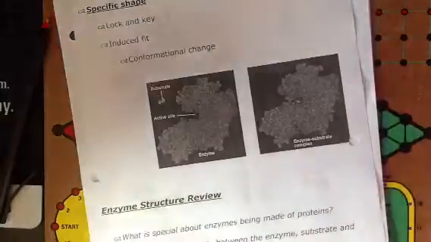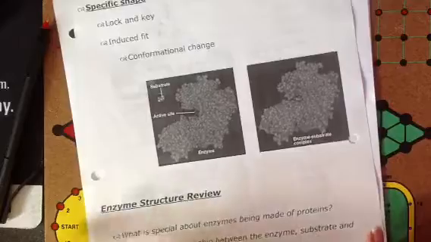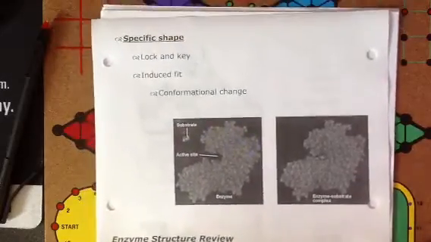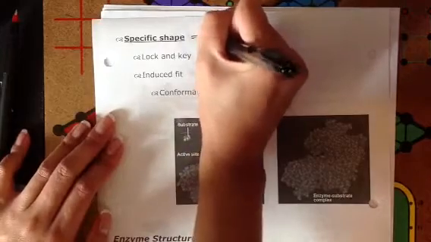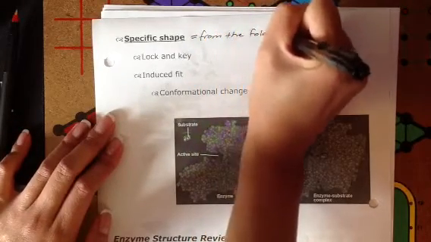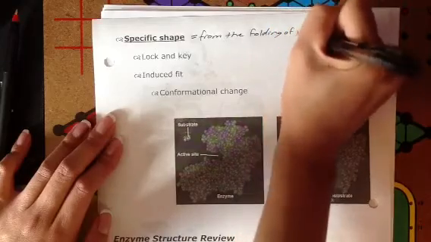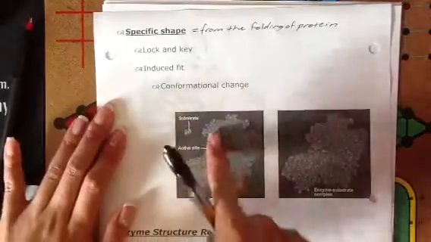Now, today we are going to look at one of the other properties of enzymes, which is having a very specific shape. And remember that the specific shape of an enzyme is from the folding of the protein. So here you have the enzyme.